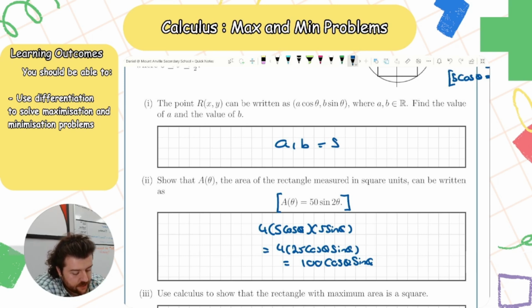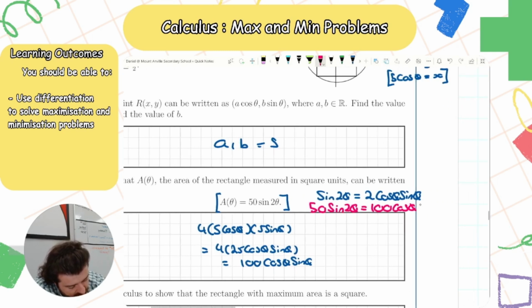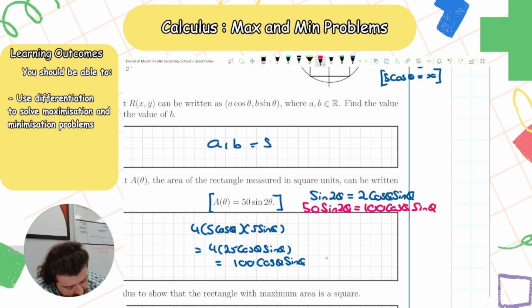Now, something interesting to note, sine 2 theta is equal to 2 cosine theta sine theta. This is one of our trig identities. Therefore, 50 sine 2 theta is going to be equal to 100 cosine theta sine theta. Therefore, this can be written as 50 sine 2 theta.